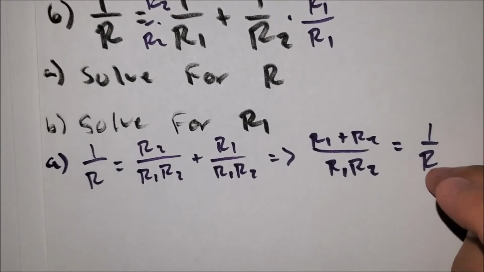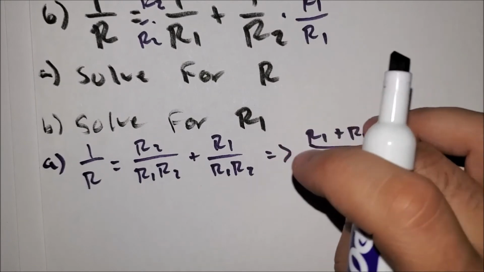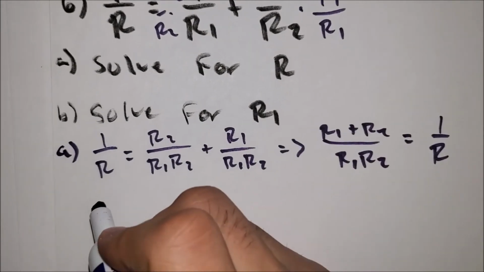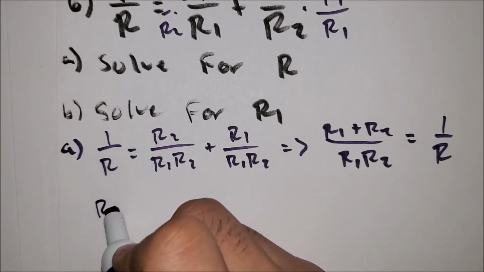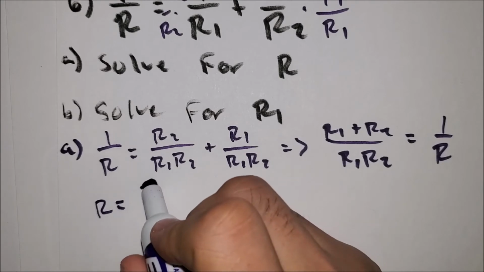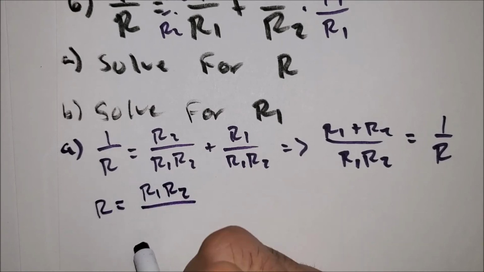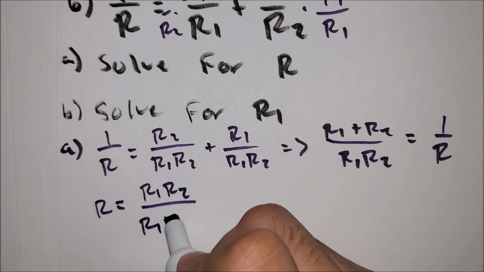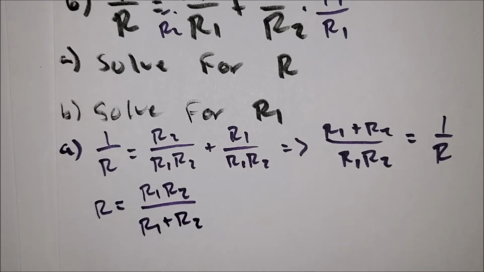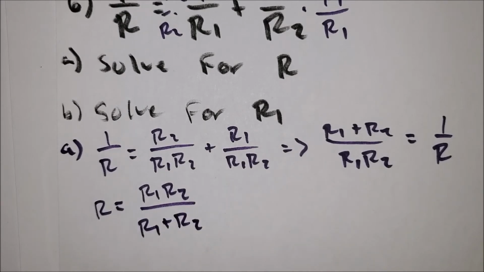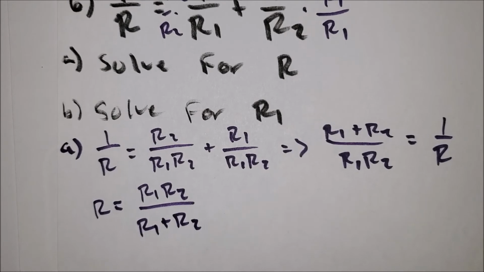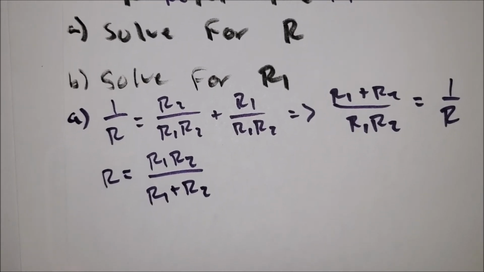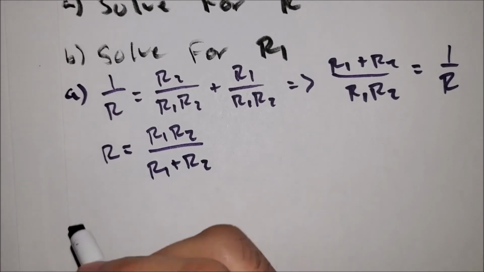So we're going to put the R up top and then flip these two, and we end up with R equals R1 R2 over R1 plus R2. And that's us solving for R. Now, let's go ahead and look at the second part of that. It says to solve for R1.